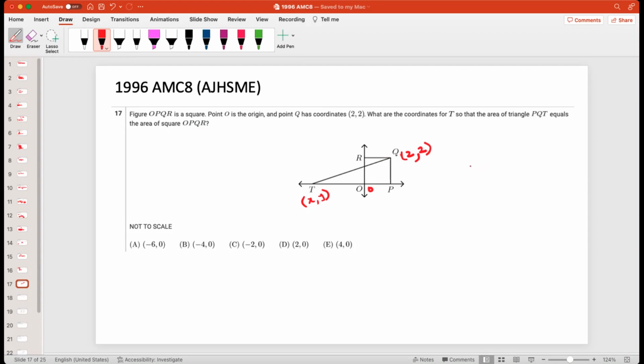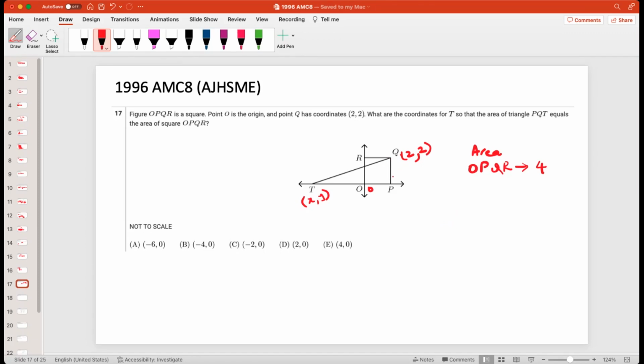OPQR, sorry, the area is going to be 4. Now this triangle has the same area, right?